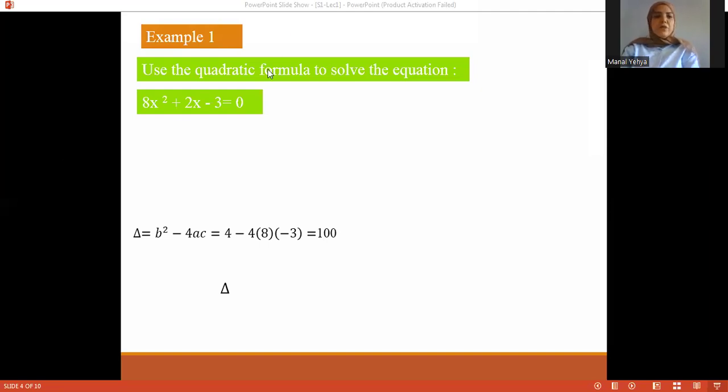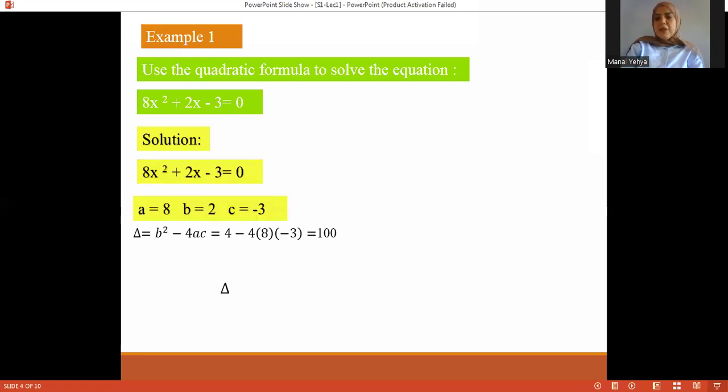The first thing you have to do is to find delta. First of all, a equals 8, b equals 2, and c equals minus 3. Delta is b squared minus 4ac, so it's 100. Delta is positive.